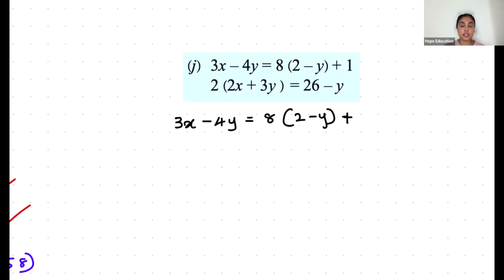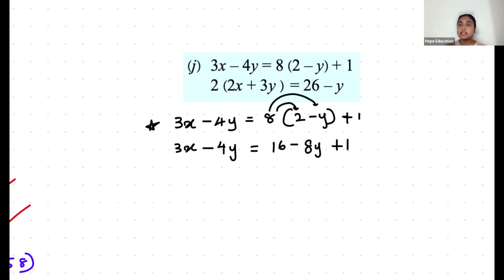So we'll first nicely arrange the equations. Here we have 3x minus 4y equals 8 times 2 is 16, minus 8 times y is 8y, plus 1.